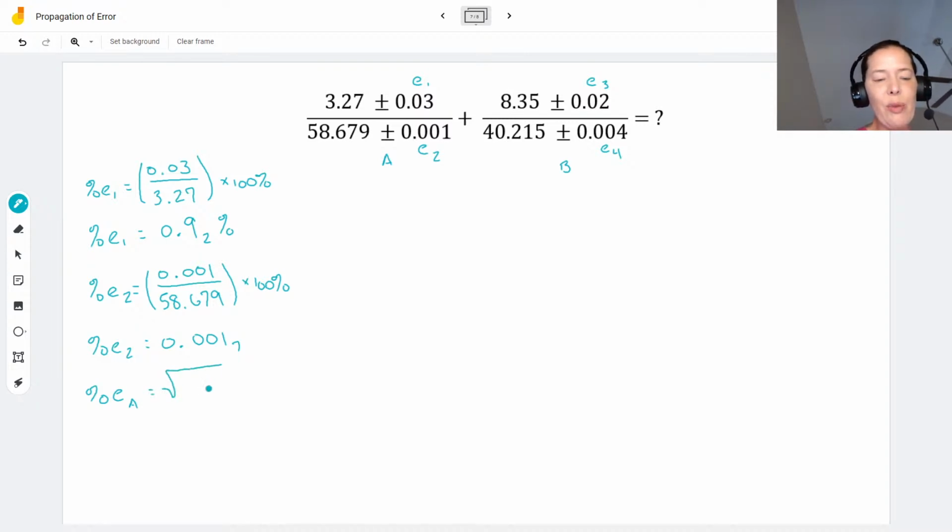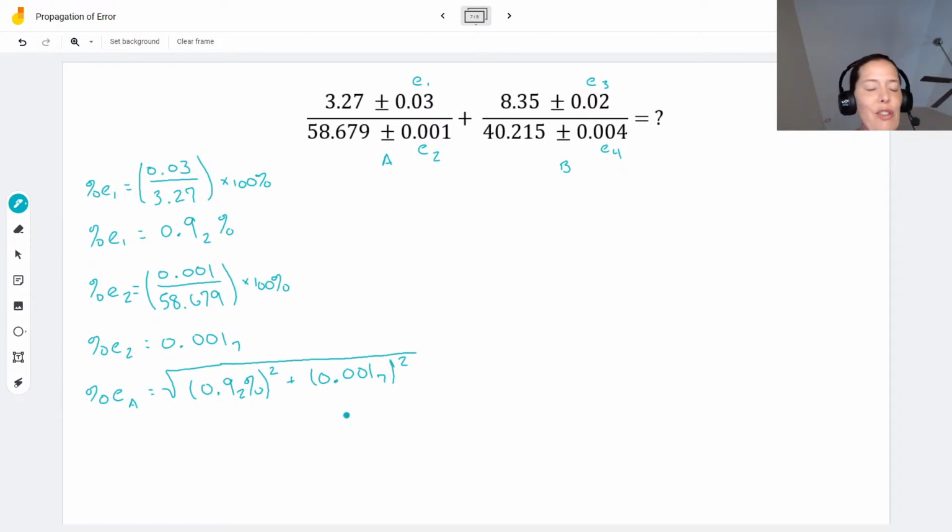This is my square root, and I'm going to sum the squares of my percent relative uncertainties, which sounds really complex, but hopefully as you see how these problems are worked, it's not that complex, it just sounds really convoluted. You can see I have squared each of my percent relative uncertainties, and I'm going to take the square root. So my percent relative uncertainty for term A is 0.92%.